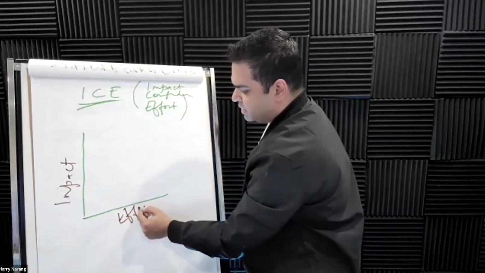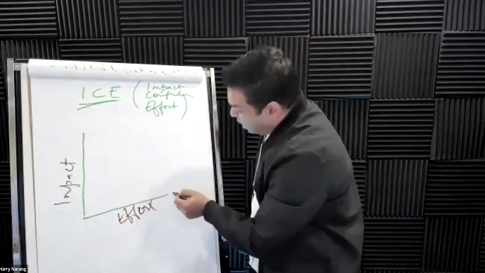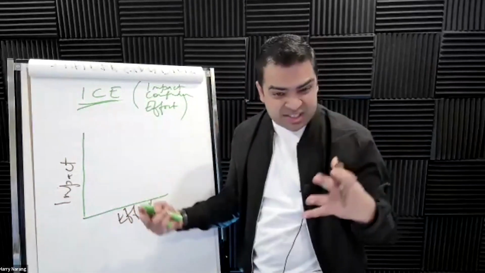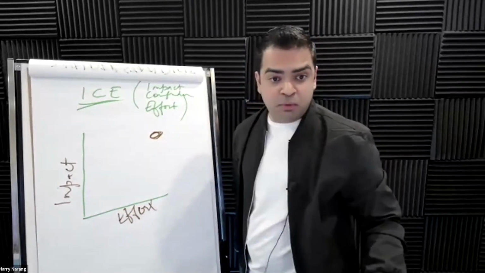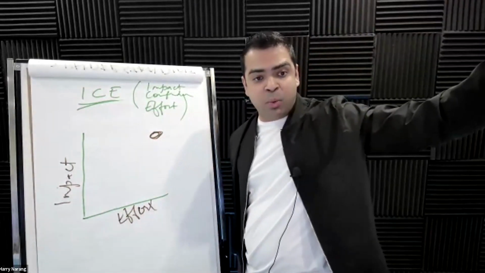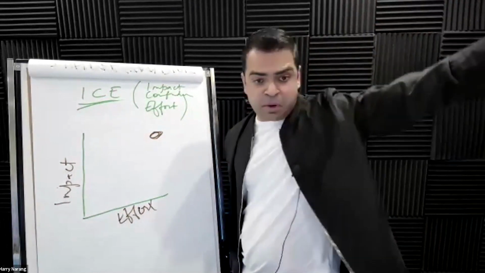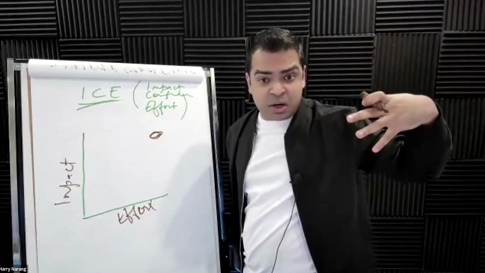And what this shows is that if a certain idea is high impact, but also a lot of effort, it's going to cost us a lot of money, a lot of time to build it, it would show up over here. For example, we want to introduce AI-based automation in how we assign a delivery person to an order. Okay. Yeah, it would help us reduce our costs a lot.